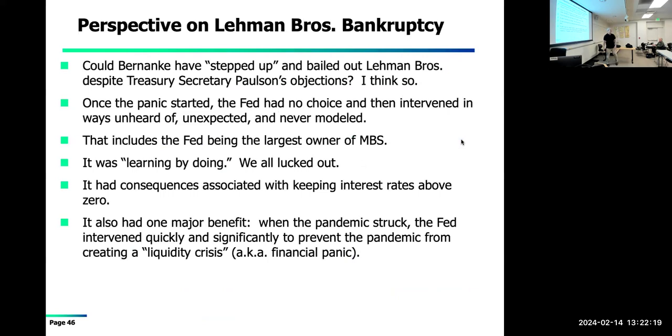So here's the answer to your question. You read ahead. Perspective on could they have stepped up and bailed out? Yes. I am one of those who thinks they could have and they should have. There's no question that given the level of the panic, they should have intervened. And given what they've been doing, it's been learning by doing, and there are consequences associated with what they've been doing.